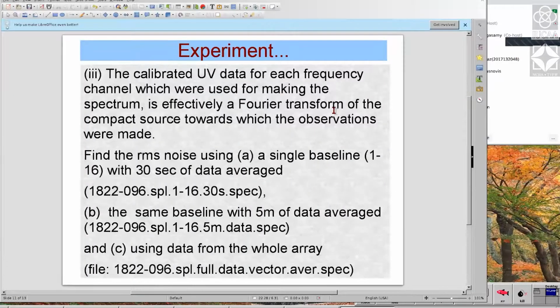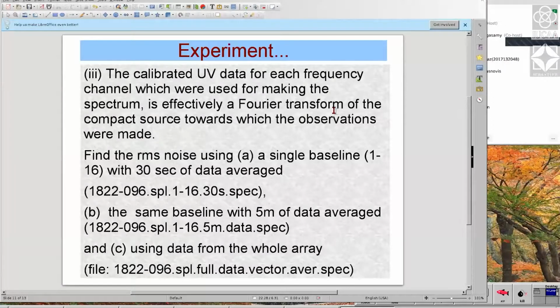Number three is basically a bit different, and I hope that Avinash Deshpande has already covered a bit about interferometry. The idea here is that the calibrated UV data for each frequency channel, which were used for making the spectra, is effectively a Fourier transform of the compact source towards which the observations were made.